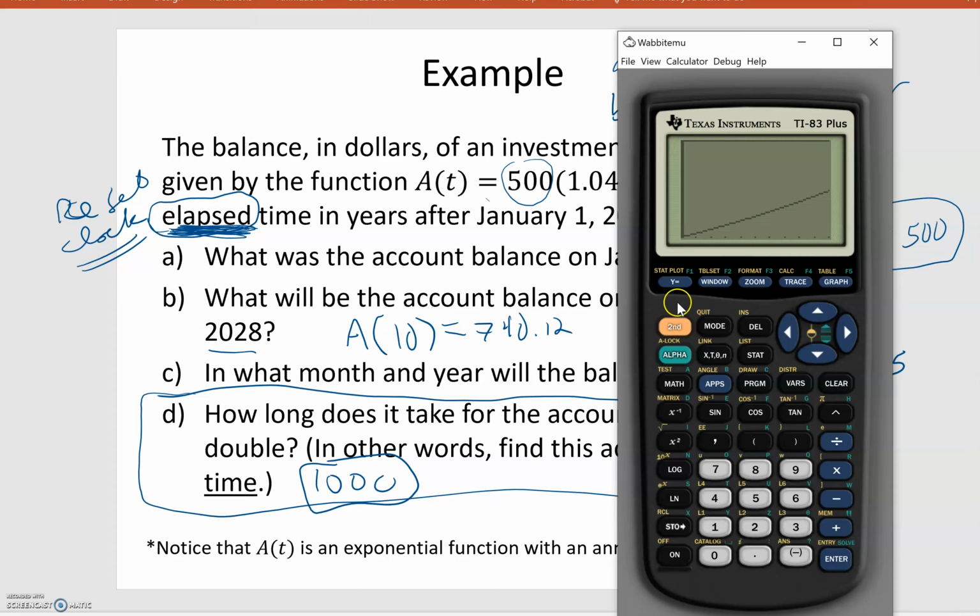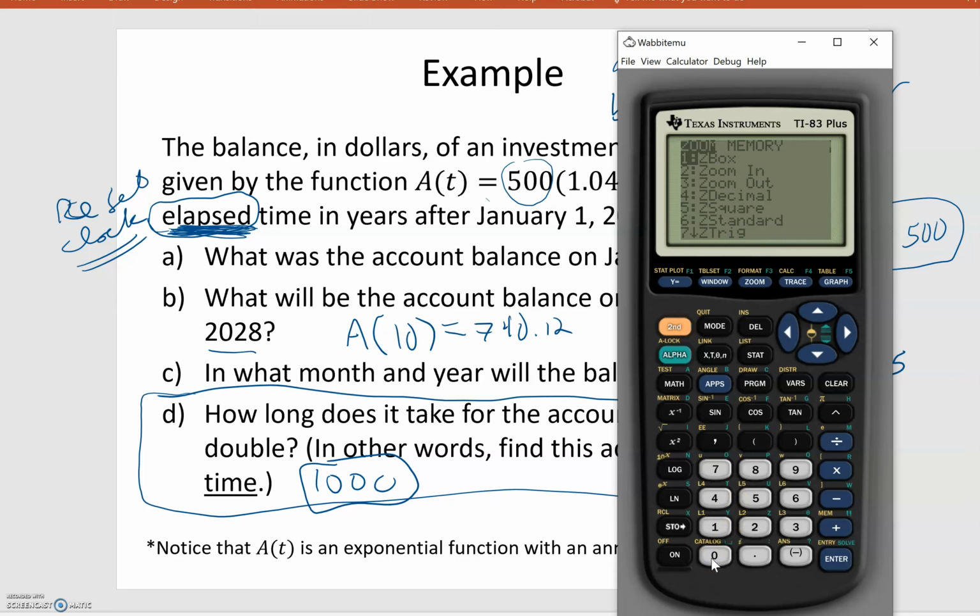But I need to know when they intersect, so I need to go to the table and actually find the intersection so I can set my X max. So we're just going to click down through here until we see 1,000. And there it is, 17 to 18. So that means I need to get up to like 20 or so. Let's go 25. And then we'll do zoom fit with that.